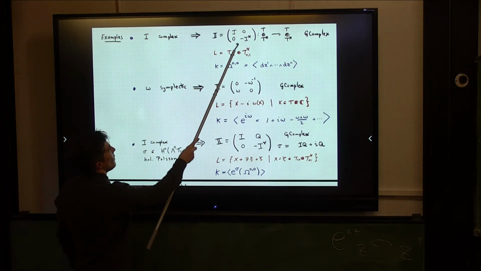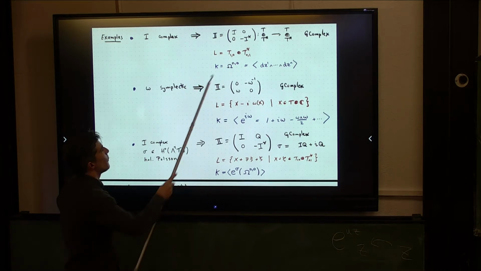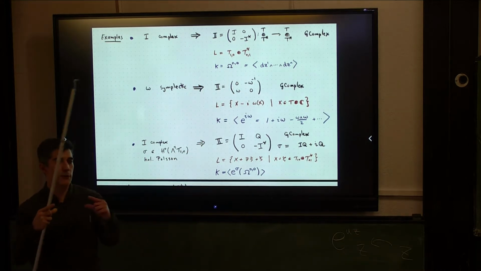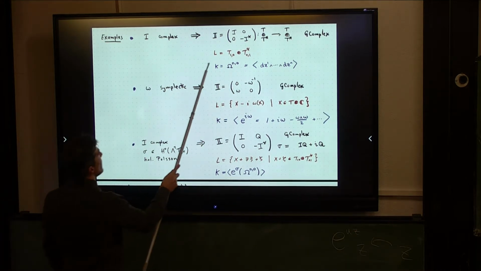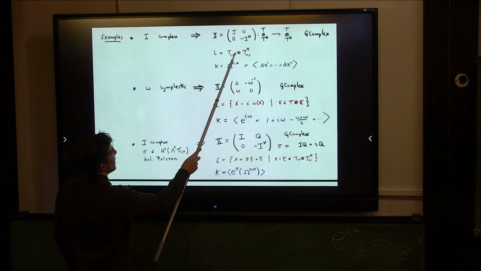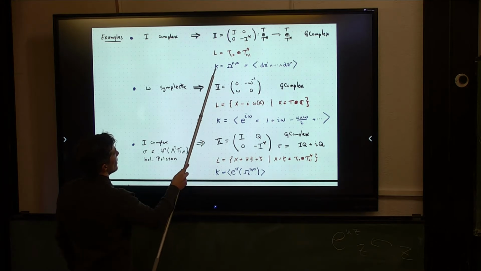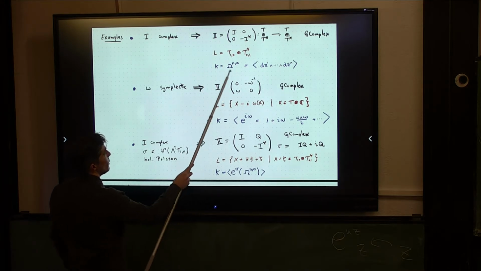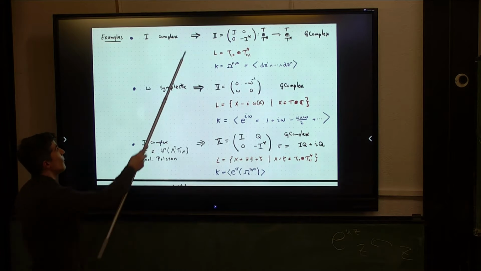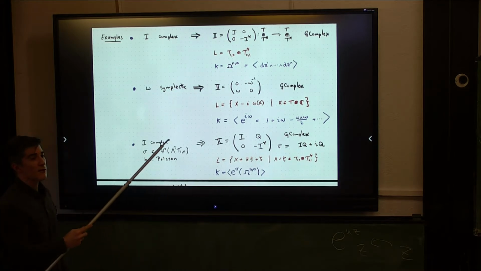Here, this minus sign is necessary in order for it to be compatible with the natural inner product. And here we have the plus i eigenbundle, and the canonical line bundle is just the usual canonical line bundle. So we reproduce the complex case.